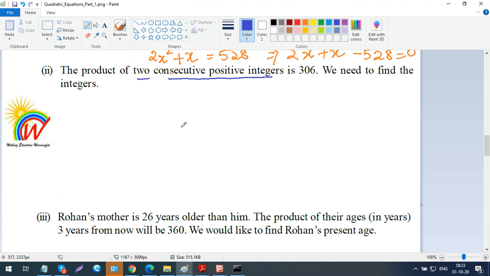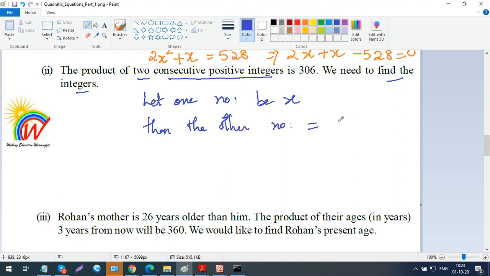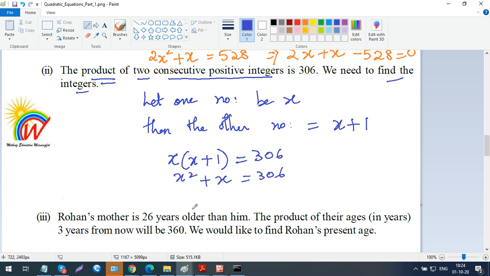So we will say let one number be x, then the other number is going to be x plus 1, right? If one is x, the next number is x plus 1. Now they are saying the product, in the sense you should multiply x into x plus 1, is 306. So x square plus x is 306, or x square plus x minus 306 is equal to 0.